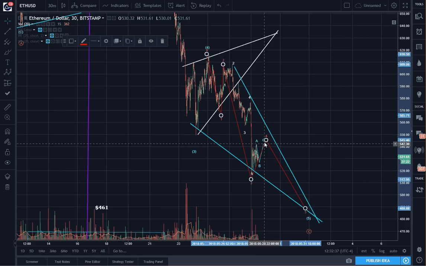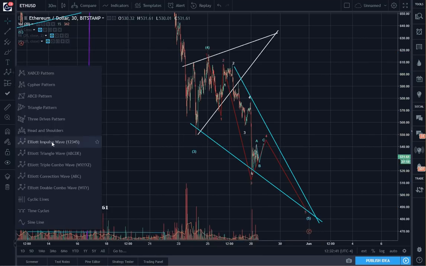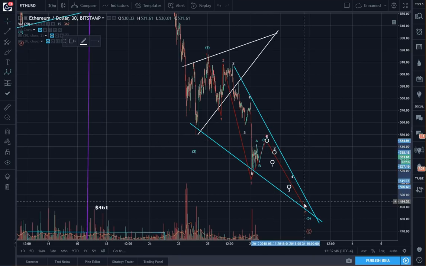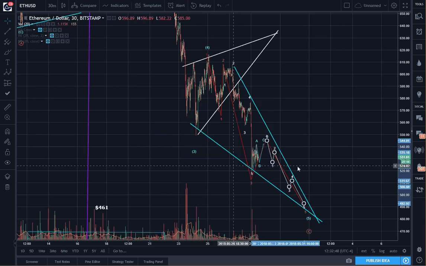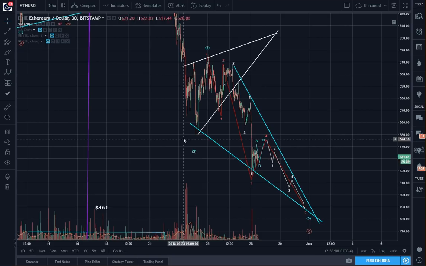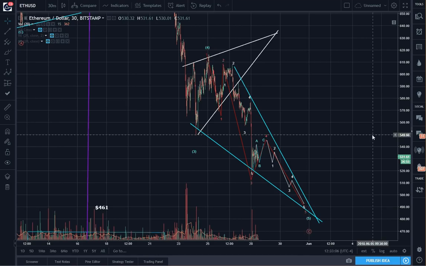And then from here, we should see a 5-wave decline for wave 5. Remember that in earlier waves, actionary waves 1, 3, and 5 all have 5 subwaves. And I think it'll be just beautiful if this wedge actually took place. And a breakout from this wedge would be just classic.